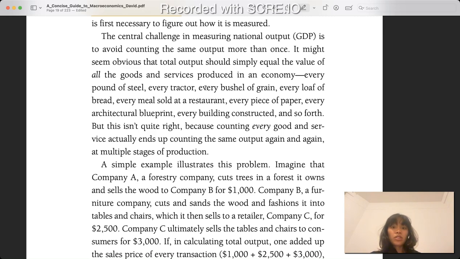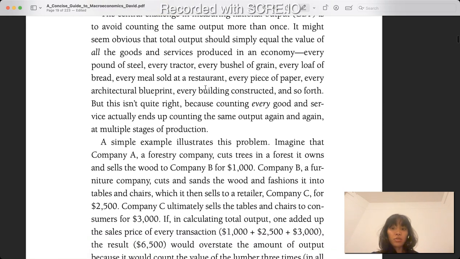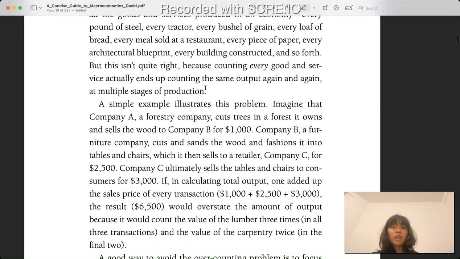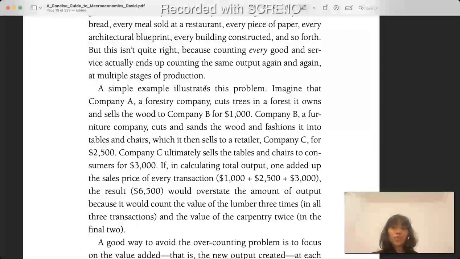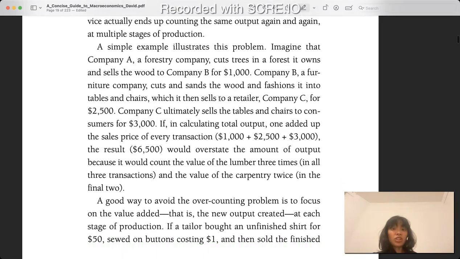It might seem obvious that total output should simply equal the value of all the goods and services produced in an economy. Every pound of steel, every tractor, every bushel of grain, every loaf of bread, every meal sold at a restaurant, every piece of paper, every architectural blueprint, every building constructed, and so forth. But this isn't quite right because counting every good and service actually ends up counting the same output again and again at multiple stages of production.